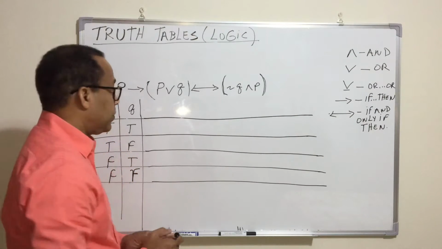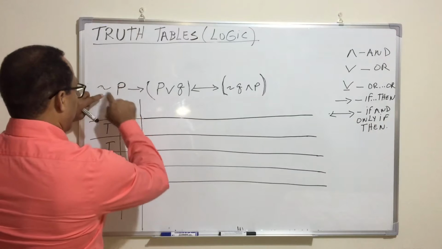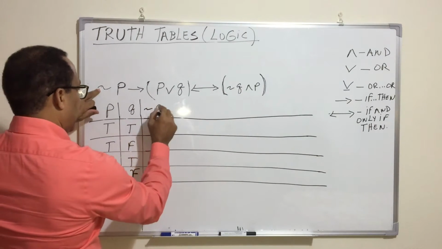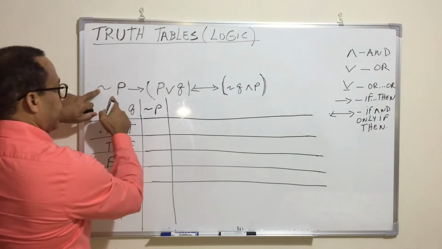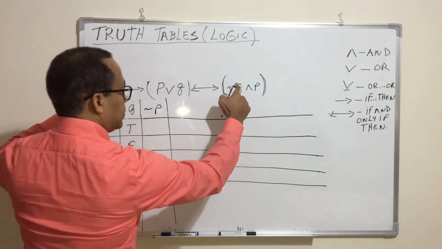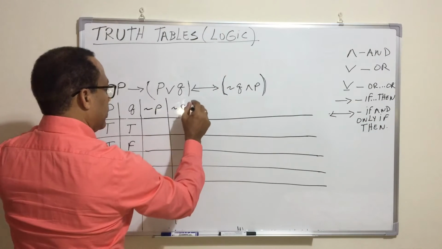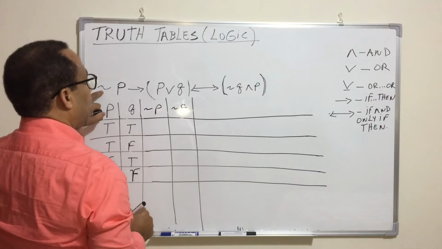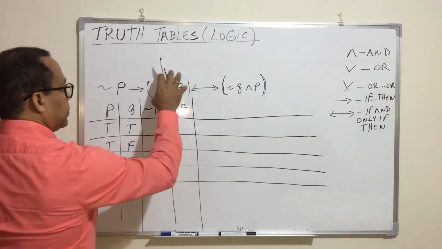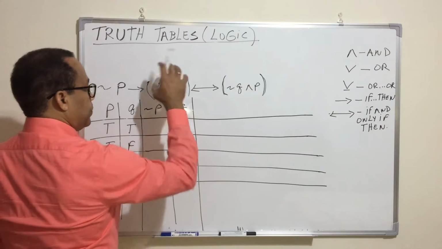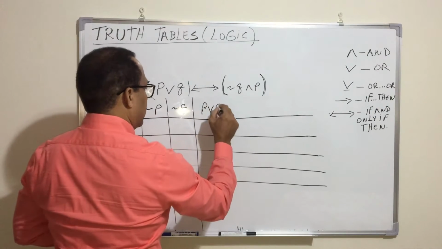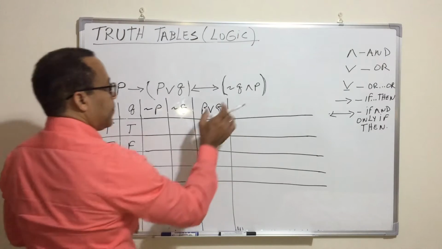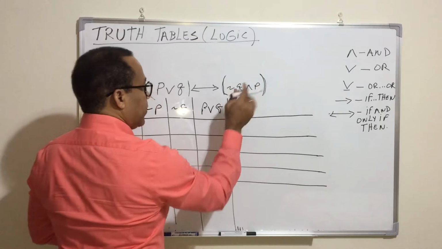The other variable that we need will be no P. It's right here, no P. I also have no Q. I also have P or Q. And then I have no Q and P.